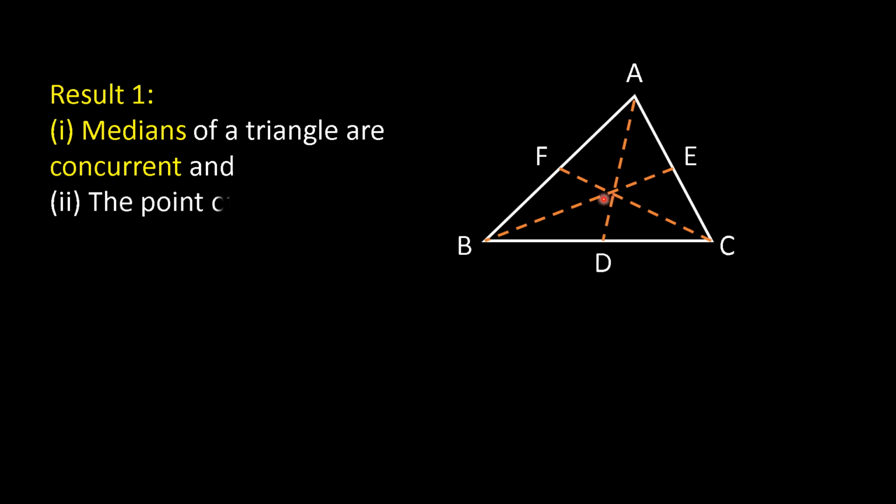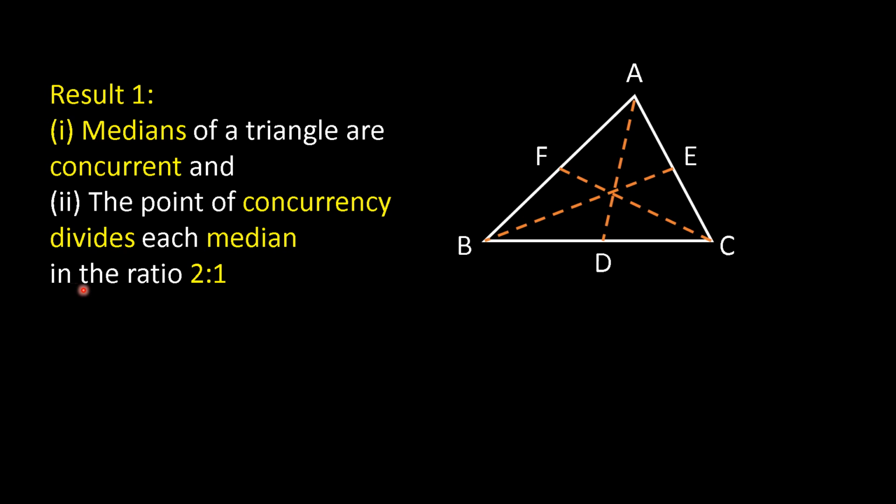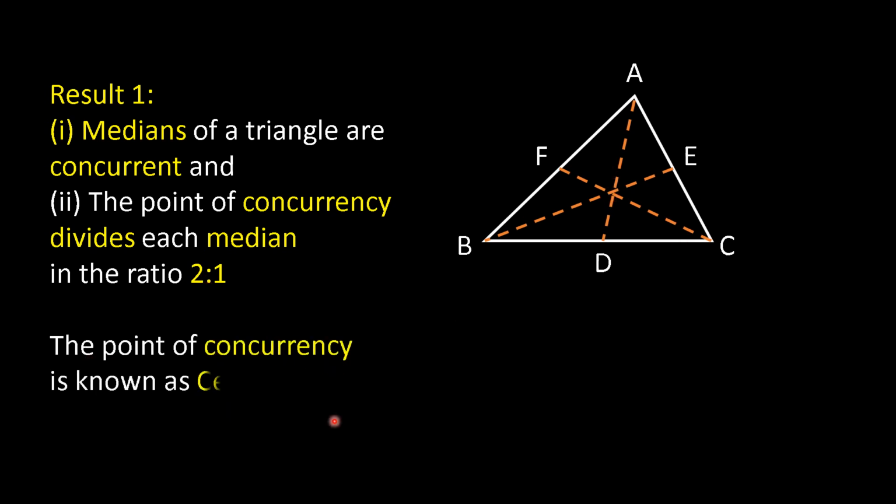The second part is the point of concurrency divides each median in the ratio 2:1. So this point divides median AD, BE and CF in the ratio 2:1. The point of concurrency is known as a centroid, and it is denoted by G.